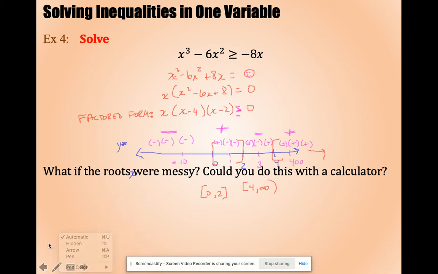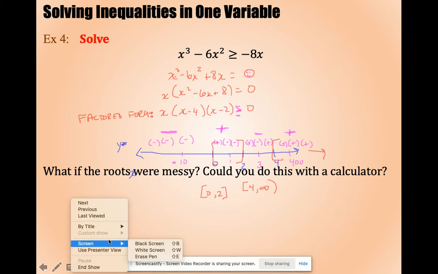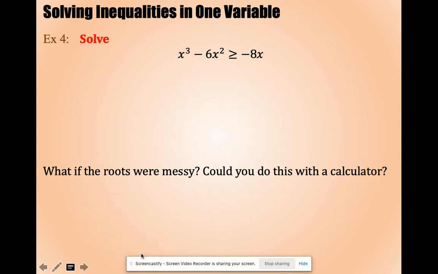So if this was gross, right? This particular problem depended upon the fact that I could factor nicely. And you do have to be able to factor nicely. But what if it wasn't nice? What if the roots were like 1 plus or minus root 3? Well, you could do this with a calculator, right?